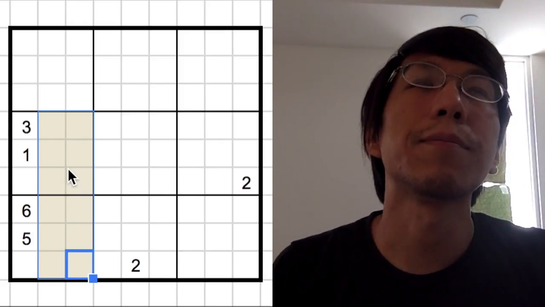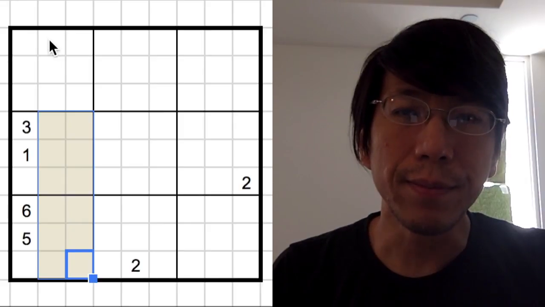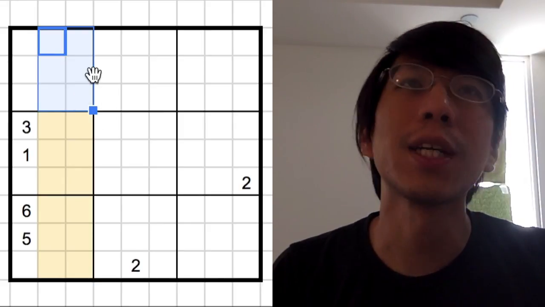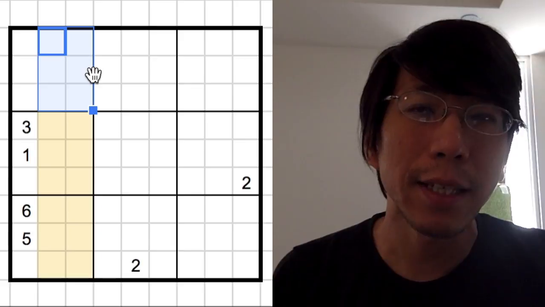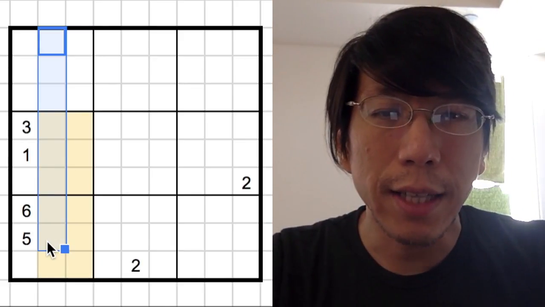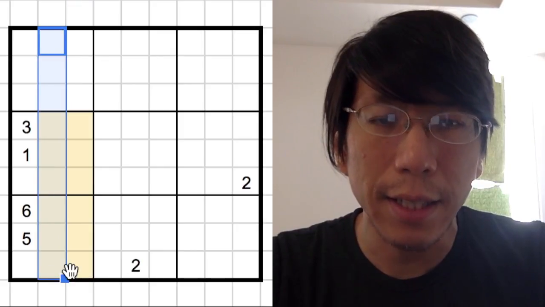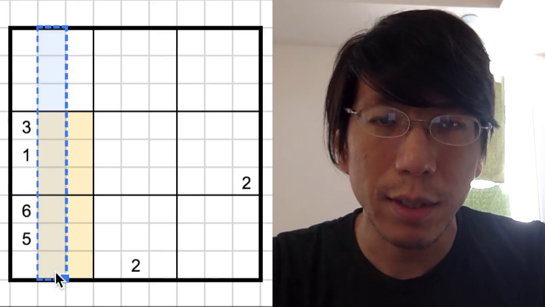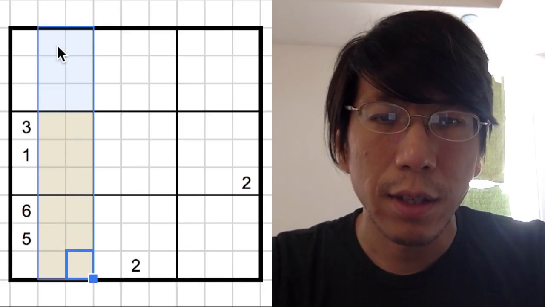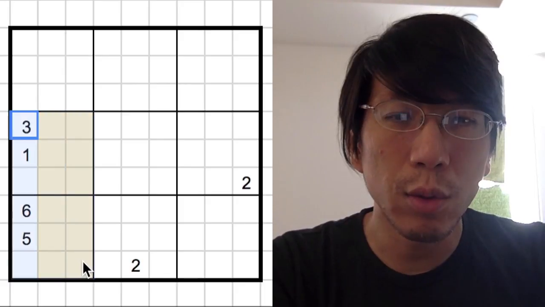That means within this row you cannot have a 2, because 2 already occupies this entire row, and this entire row. Those two entire rows are occupied by 2 within those two boxes right here.